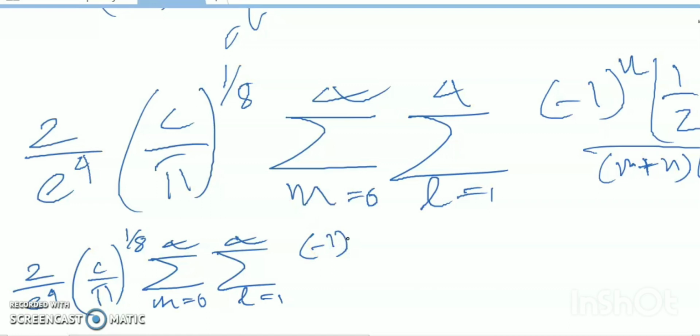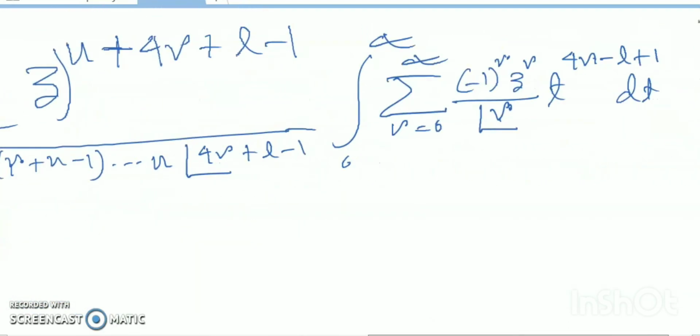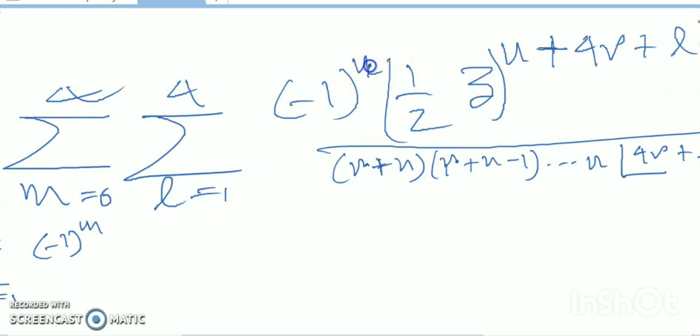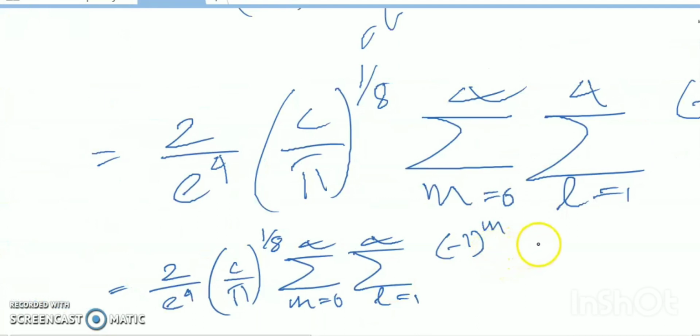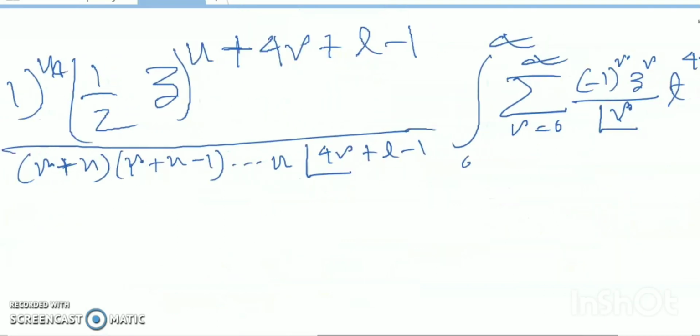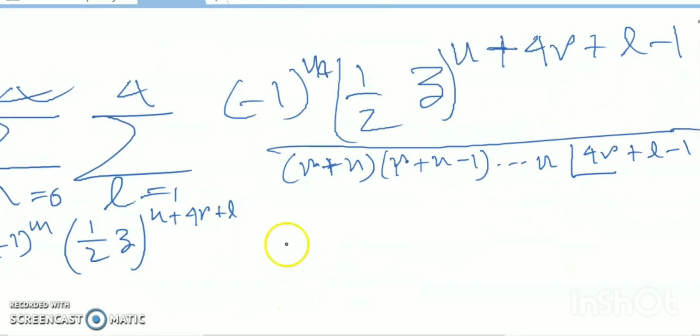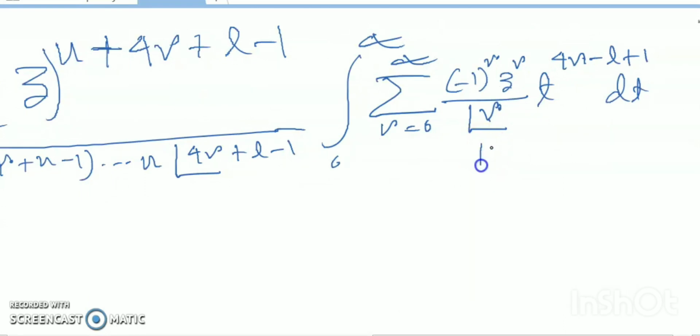Because we partitioned this portion, minus 1 to the power m, minus 1 to the power m half into z to the power n plus 4r plus l minus 1, and this portion is simply e to the power minus z.